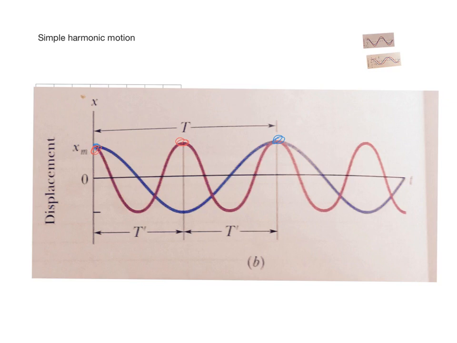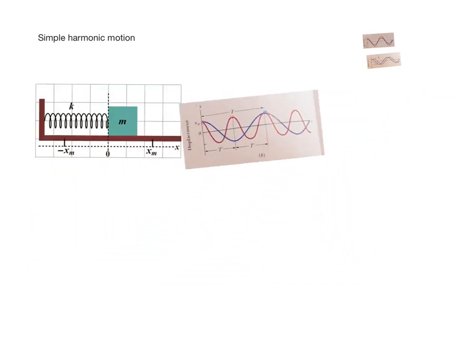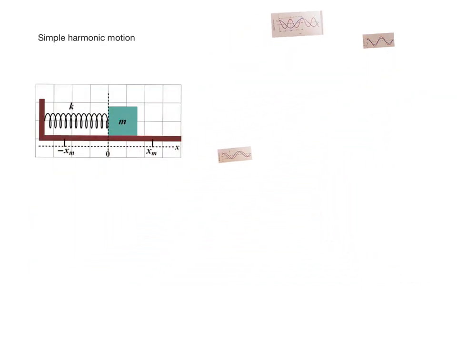And the period is related to the angular frequency. What stays the same is the other two variables, which is the maximum amplitude and the phase angle. I'm sure you're wondering what the phase angle is, so let's look at that next.